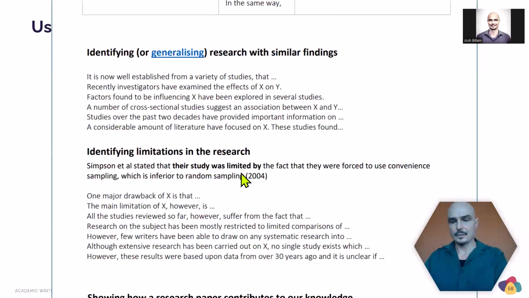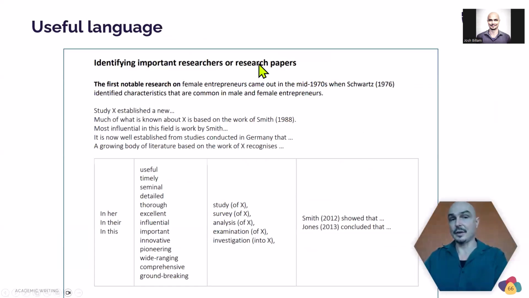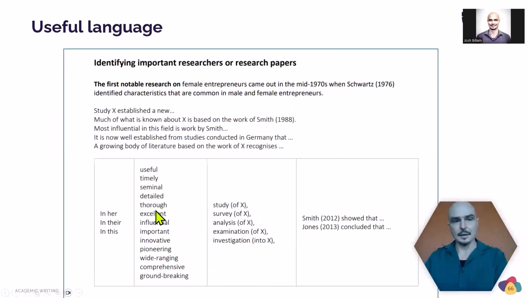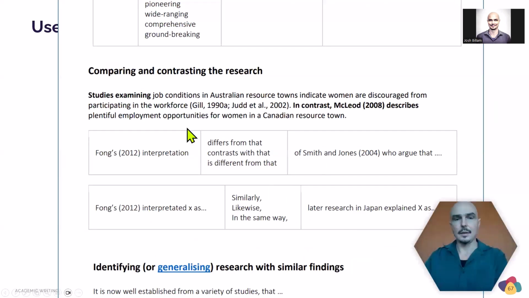So in this case, there's language here for highlighting or identifying other people's research. You can say, in this study, they said blah, blah, blah. These are little chunks for how you might compare or contrast other people's research. So you can say these people contrast with those people.